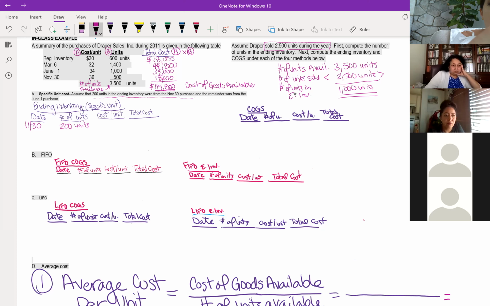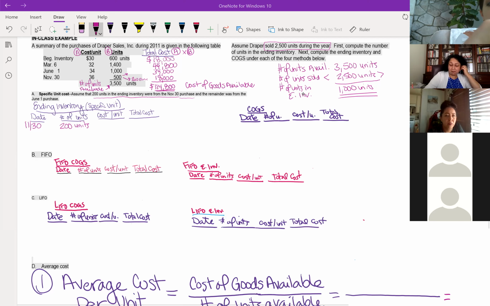So what does that mean? 200 in ending inventory. 200 times 36. So total cost is, wait one second, I'm not there yet. Oh, okay. 200 are in ending inventory. So where's the rest of those? Yeah. Those were sold. 300 were sold.